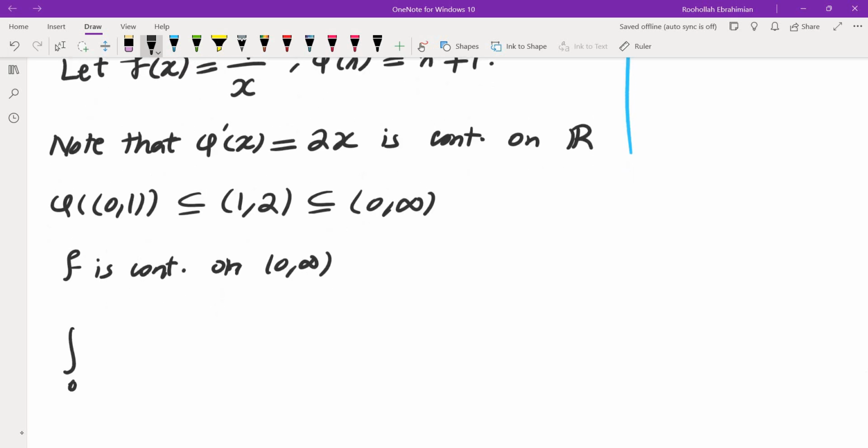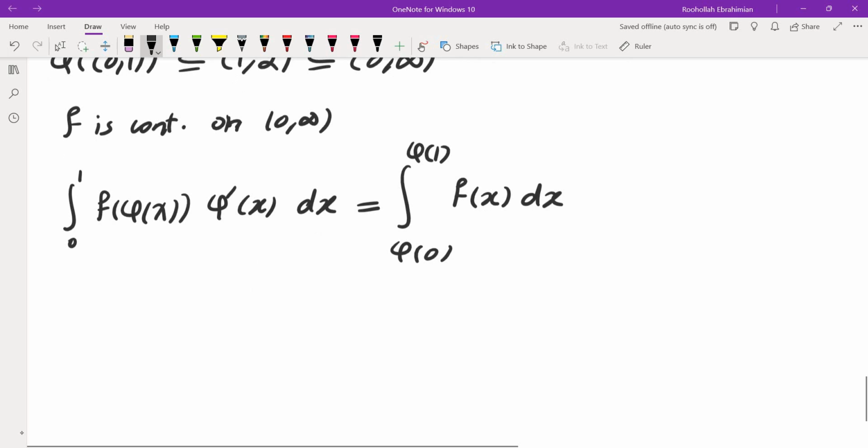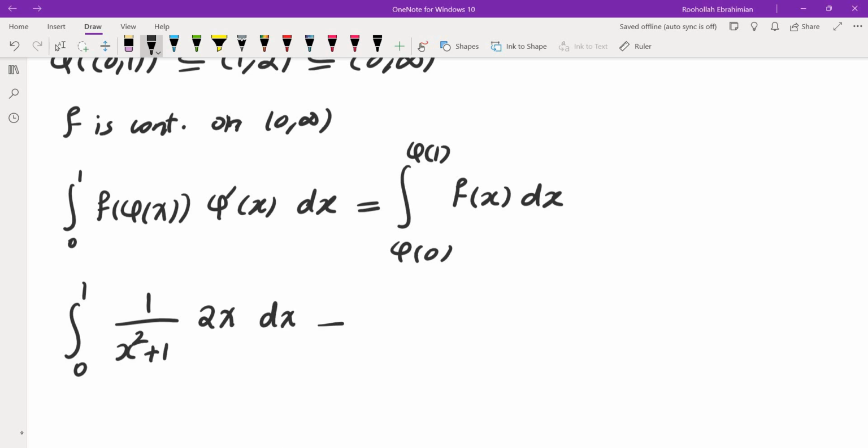So the integral from 0 to 1 of f of phi of x times phi prime of x dx is equal to the integral from phi of 0 to phi of 1 of f of x dx. So let's rewrite that. f is 1 over x, so it's 1 over x squared plus 1, times phi prime, which is 2x, equal to the integral from phi of 0, which is 1, to phi of 1, which is 2, of f of x, which is 1 over x, dx.